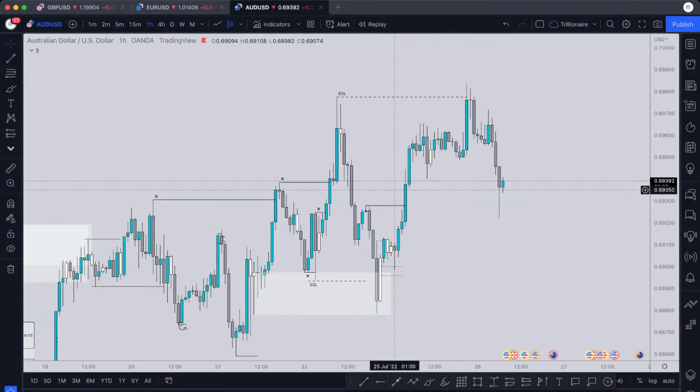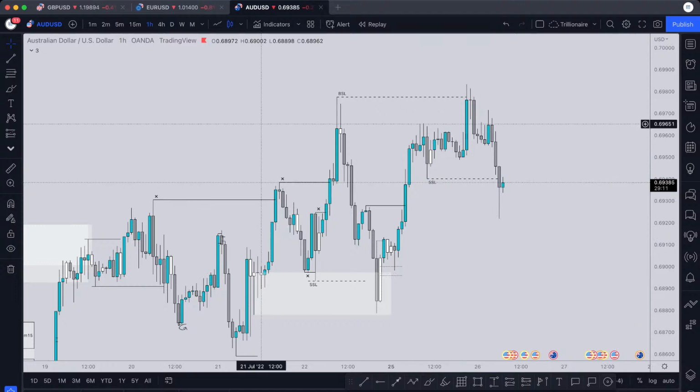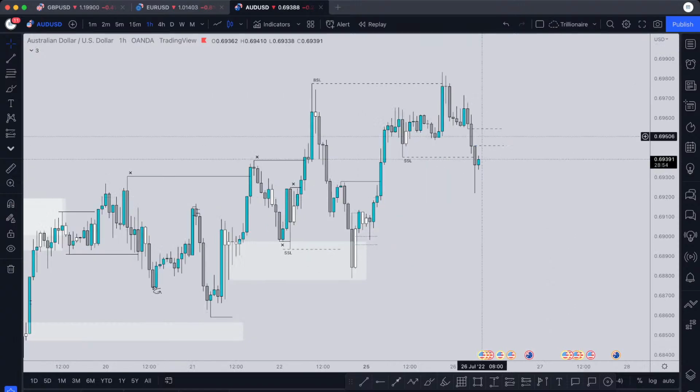Micro wise, we do have some type of transition here once we had targeted this sell side liquidity. We do have a little bit of imbalance here within this region. So essentially we could look for price to tap into these regions here and then head for lower pricing.